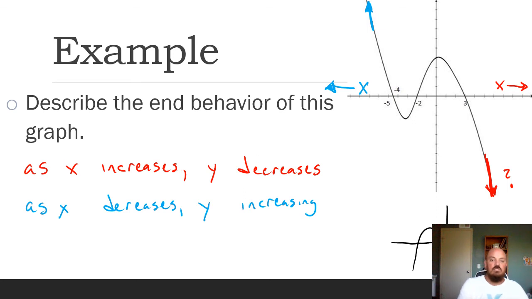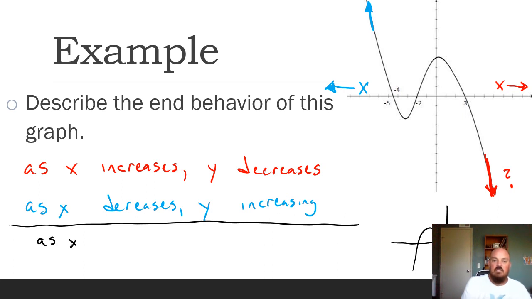And this is a new example, so pretend like I'm starting over. Let's say I asked you to do the end behavior for this, and you said, okay, as x increases, what is y doing? Well, I know what x increases means. It means way to the right, like this.